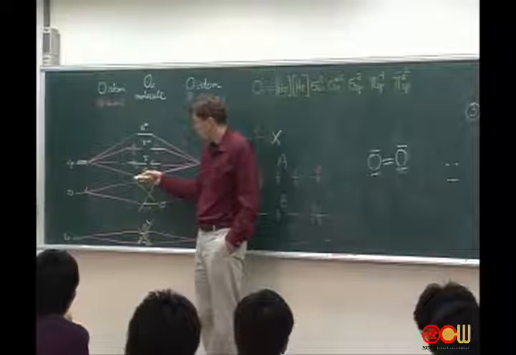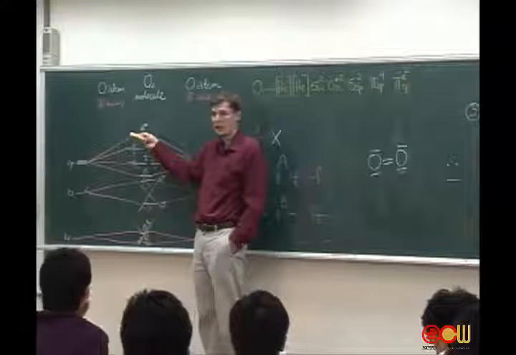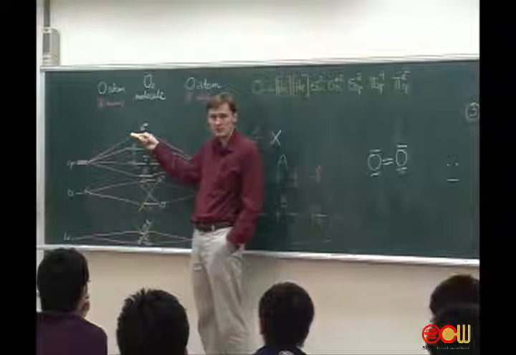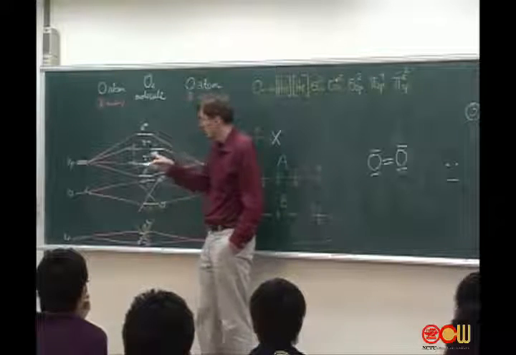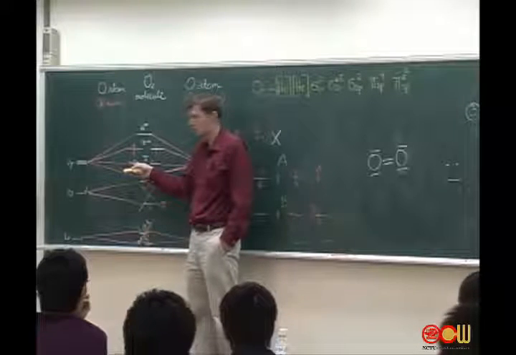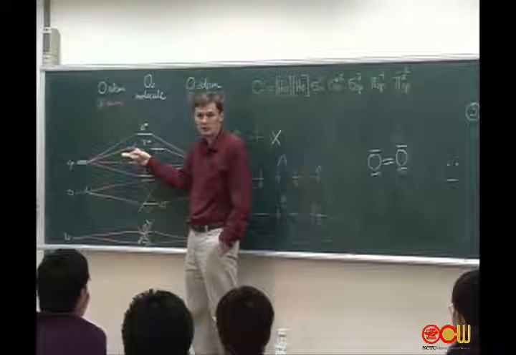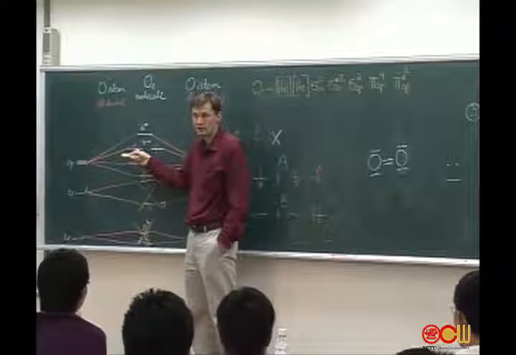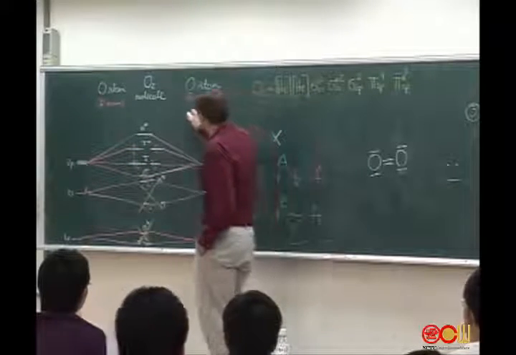Here, 2 electrons on the bonding orbital, 0 electrons on the antibonding orbitals. This makes 1 bond. Here, 2 electrons on the bonding orbital, 1 electron on the antibonding orbital. This makes half a bond.